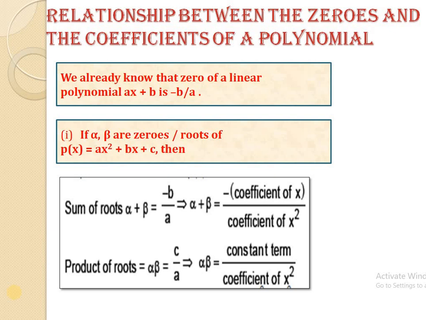We already know that the zero or root of a linear polynomial ax plus b is minus b by a. Remember, here the coefficient is a.